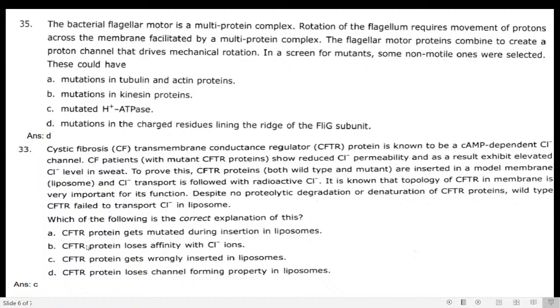Why did it happen? CFTR protein gets wrongly inserted in the liposome, so there is no effect. No effect is observed in this model. Okay, this is about that question.